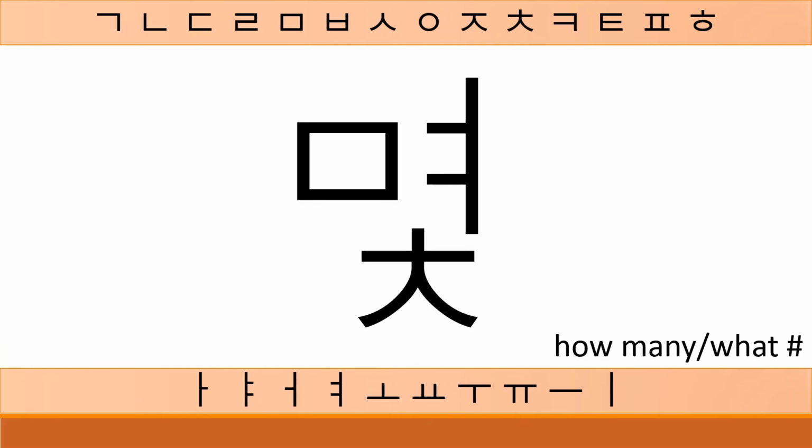However, 몇. You can place 드 here or 트 here or 스 or double 스 or 즈 and also 흐, all pronounced the same, but for this vocabulary 치 is underneath, and this is the spelling of how many or what number.